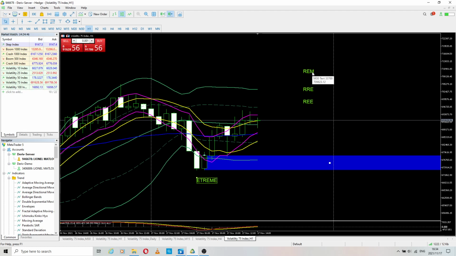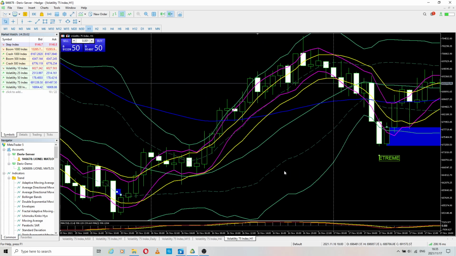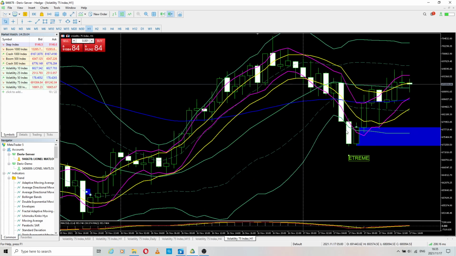So what this means is that if you have a re-entry like so here, we will have a re-entry. Why do we have a re-entry there, guys? We will have a re-entry because we have a CSD, even though it's an early CSD, but it's a CSD.